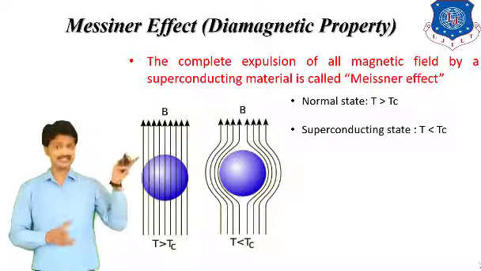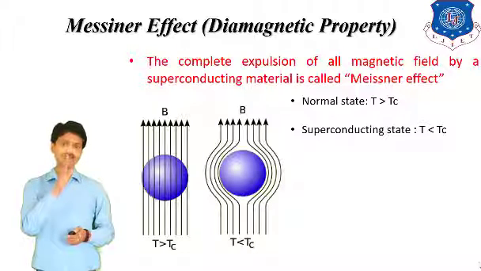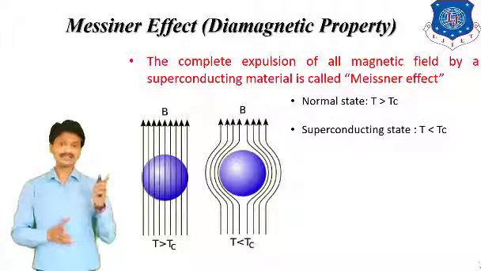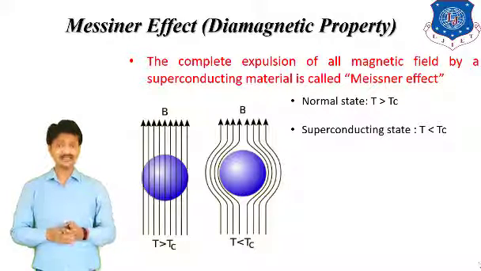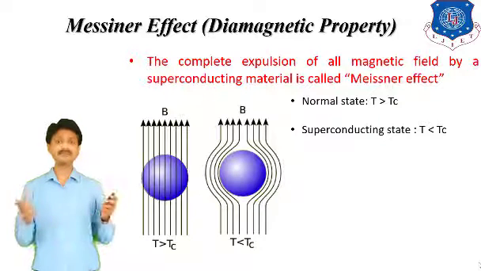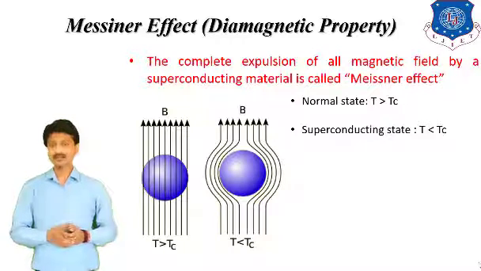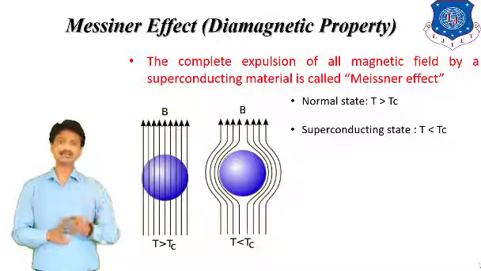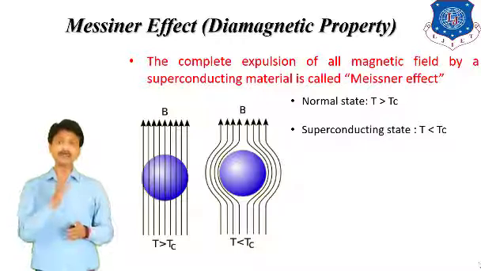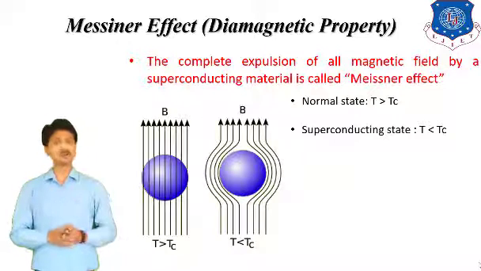So in the superconductivity state, you can see in the figure that the external magnetic field cannot penetrate through the material. At that time, B is equal to 0, meaning the magnetic flux density equals 0. If any material doesn't allow a magnetic field to penetrate through it, that property is also known as the diamagnetic property.